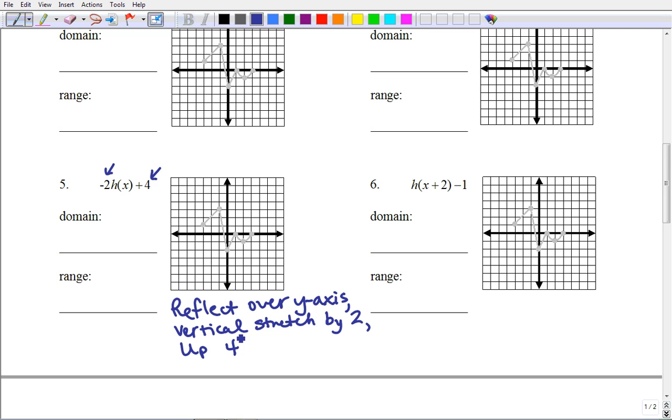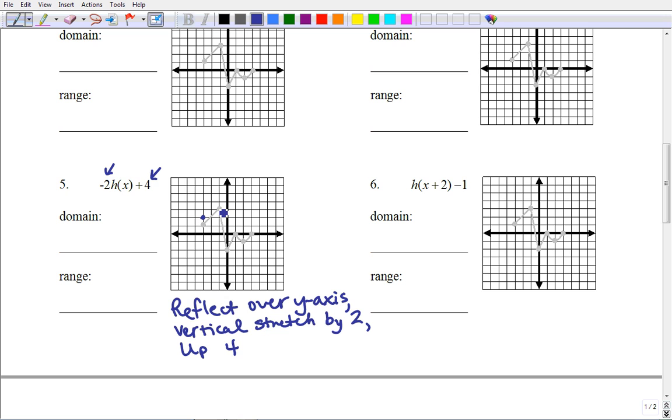So for each of these points, we won't move left or right, but we will take each value, reflect it over the y-axis, multiply it by 2, and then move it back up 4. So let's start with this one. This y value is 1. So reflect, multiply by 2, so -1 becomes -2, and then move it up 4: 1, 2, 3, 4.